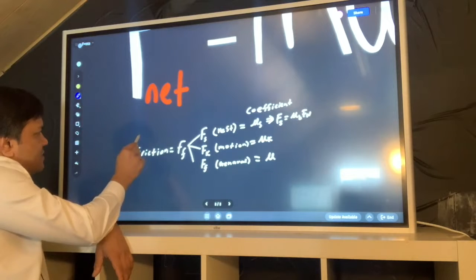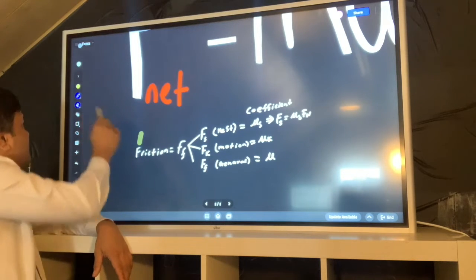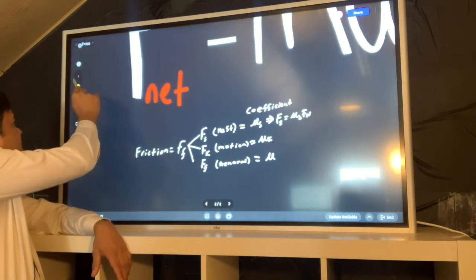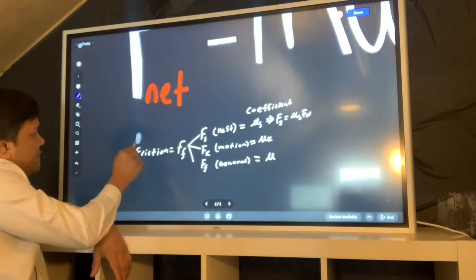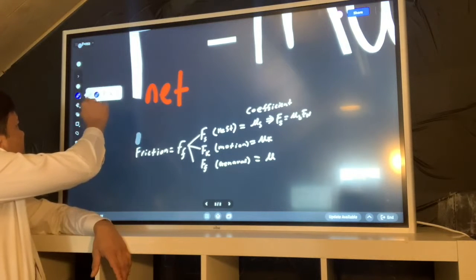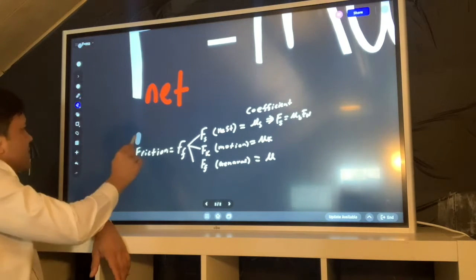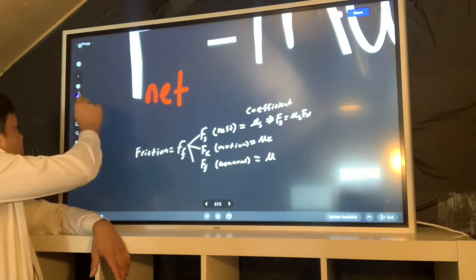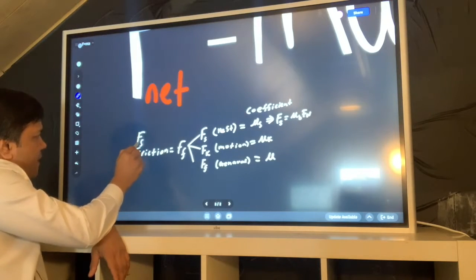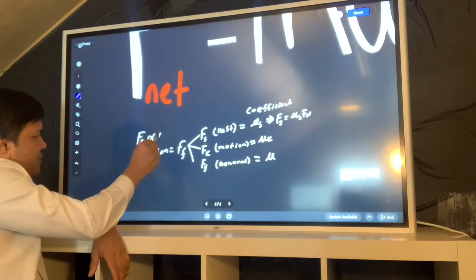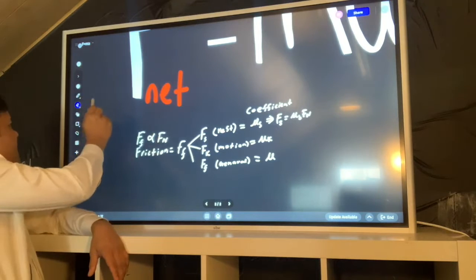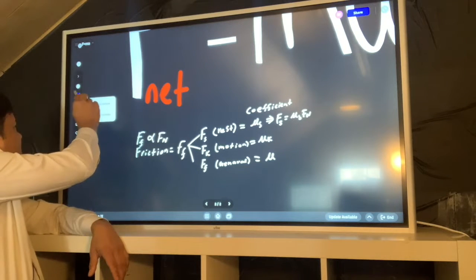Why normal force? Because the force of friction is proportional to the normal force. Let me highlight it. It's very important.